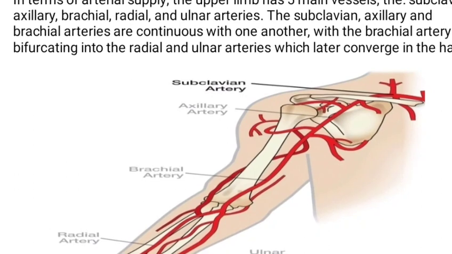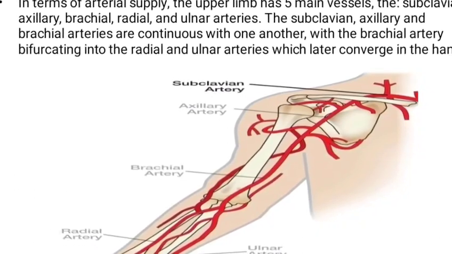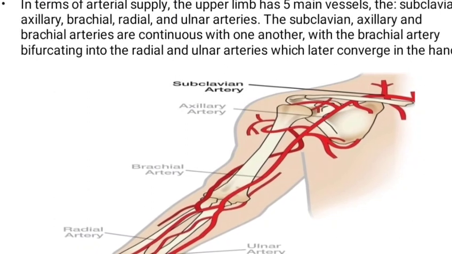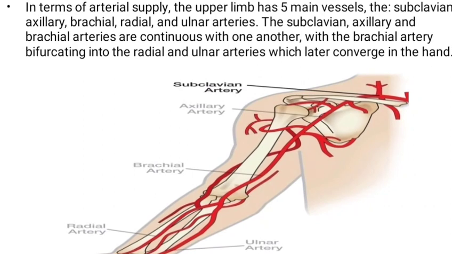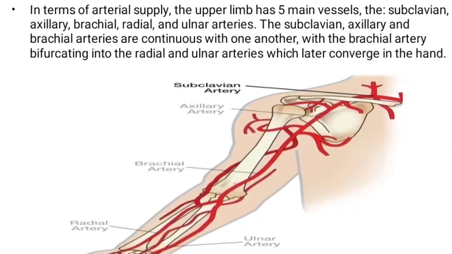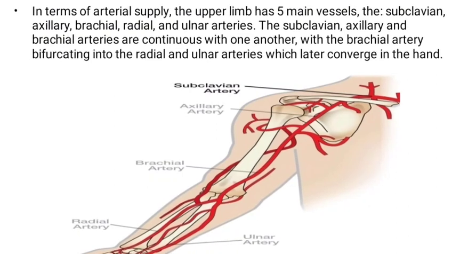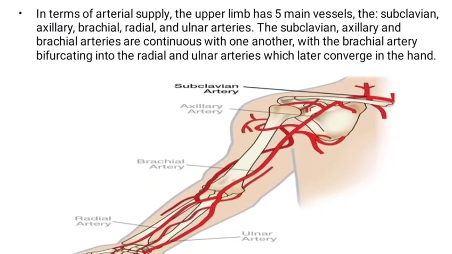The subclavian, axillary and brachial arteries are continuous with one another, with the brachial artery dividing into the radial and ulnar arteries, which later converge in the hand.